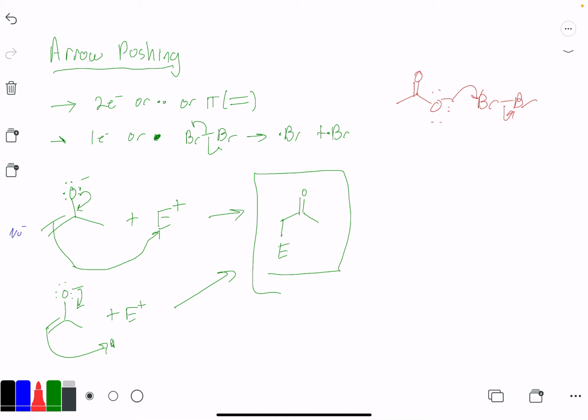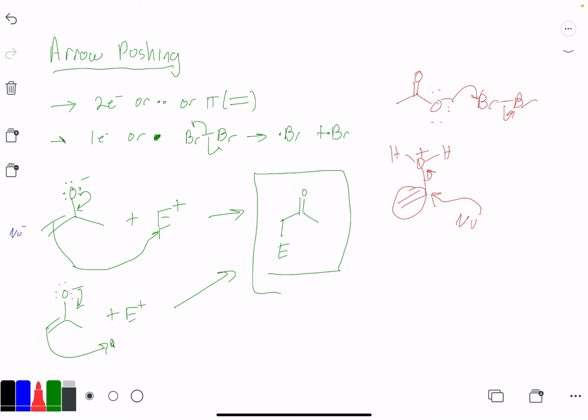Another little side note is if you have, say, something like this, you wouldn't want to say, oh, your nucleophile can come in and attack here and make this leave. Because that's not what happens. You're always going to break the weakest bond first. And so your weakest bond in this scenario is the pi bond.